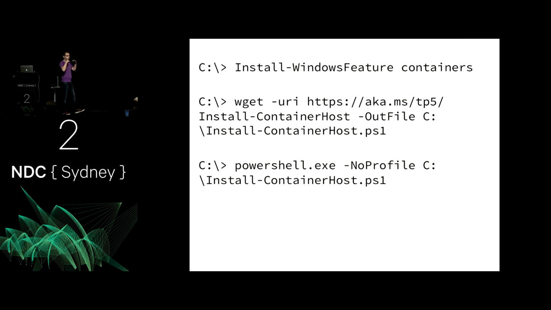So once you've got Windows Server 2016 set up, there's a new Windows feature called containers, funny enough. So you install that, and that adds all the hooks and all of the APIs which Docker needs to be able to deal with Windows. There are then 2 helper scripts which you can download, which install everything, and it will just run and configure the host to have Docker and containers and everything set up which you need.